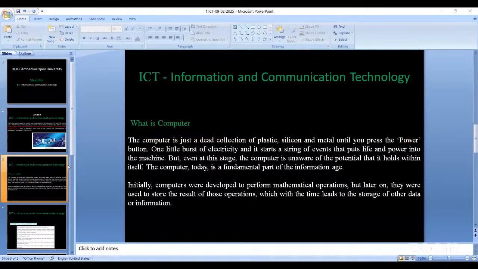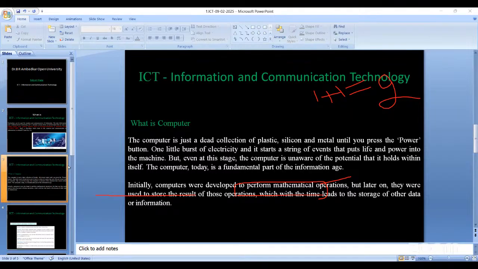Initially the computers were developed to perform mathematical operations, some kind of calculation. For example, 1 plus 1. What is 1 plus 1? It is 2.